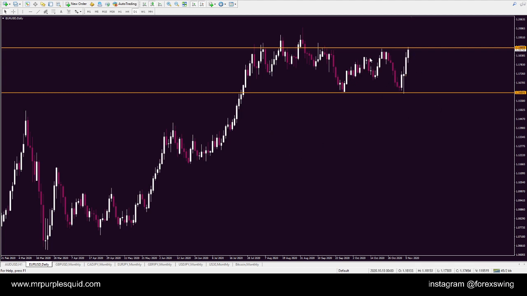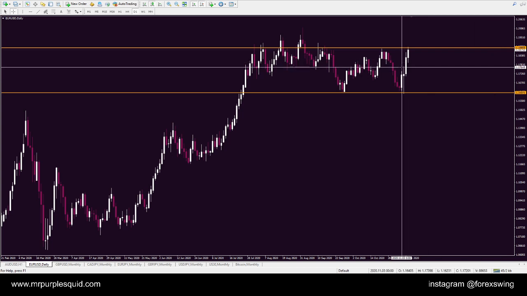Looking at the daily, if we were planning to take a break of this high on the daily only, I would not be interested because of the resistance on this side.